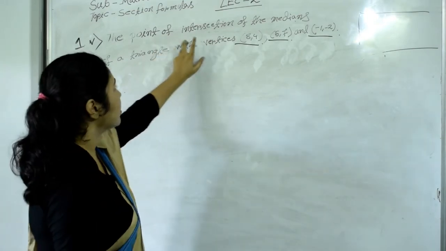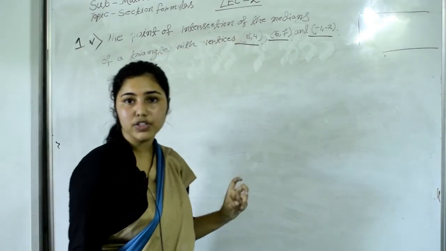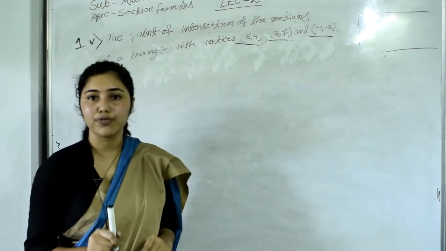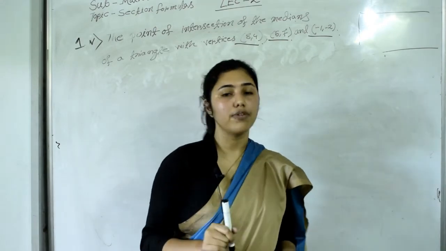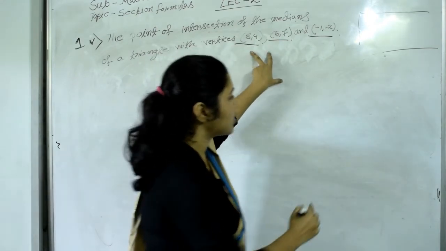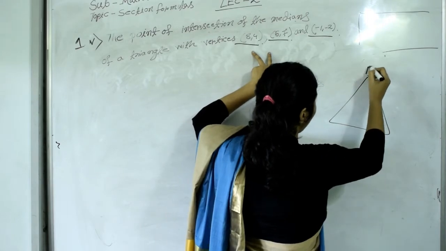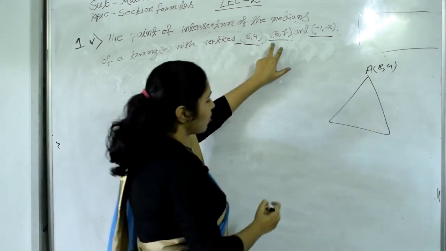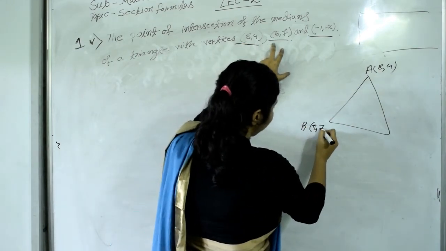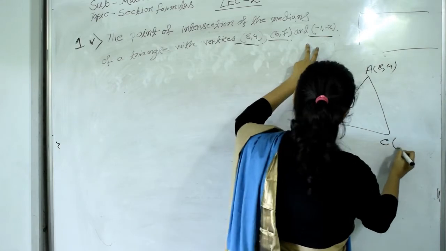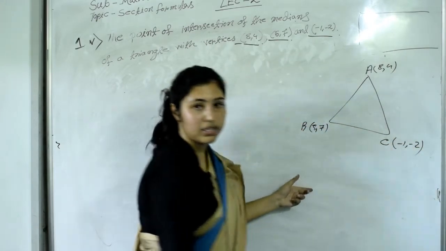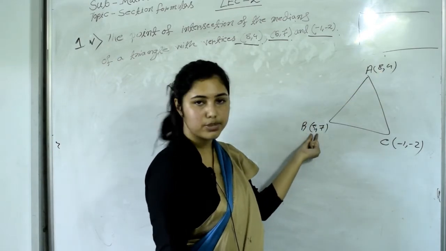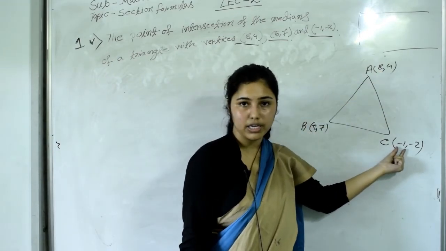Again, we know that the point of intersection of the three medians is called the centroid, which means here we have to find the coordinates of the centroid of this triangle ABC, where the coordinate of A is 8, 4, the coordinate of B is 5, 7, and the coordinate of C is -1, -2, which means here x1 is 8, x2 is 5, and x3 is -1.